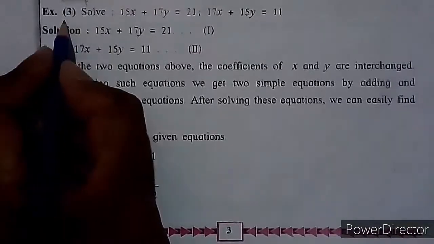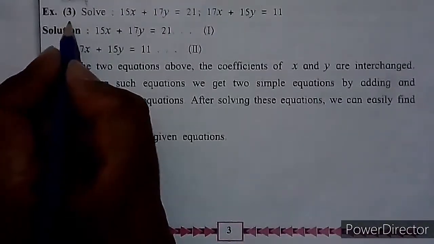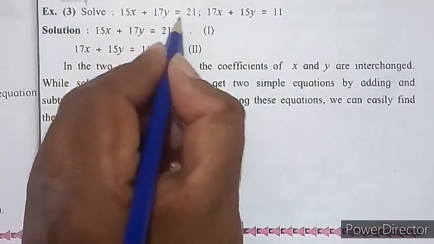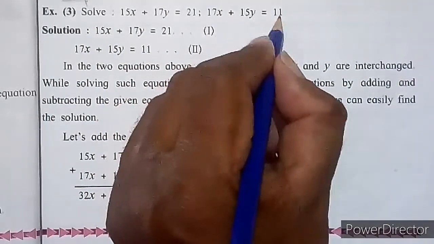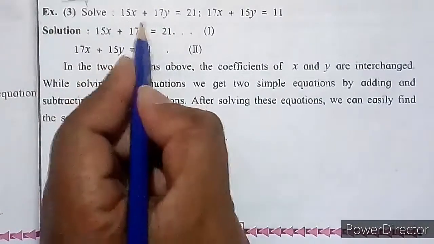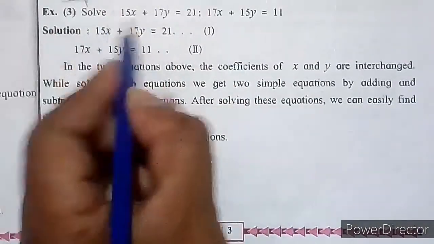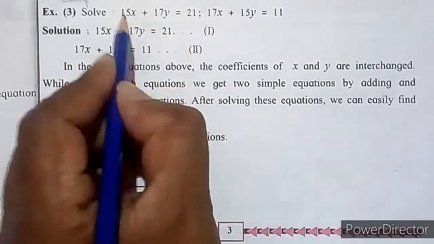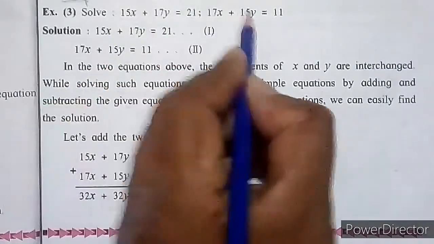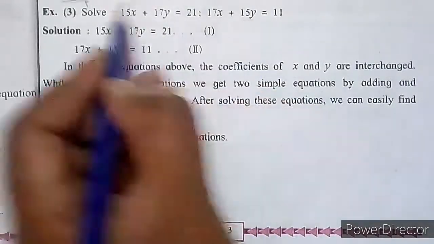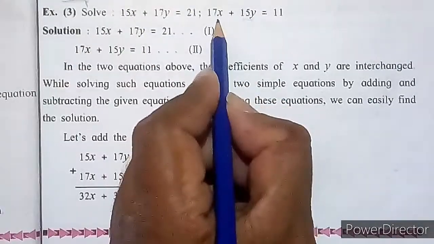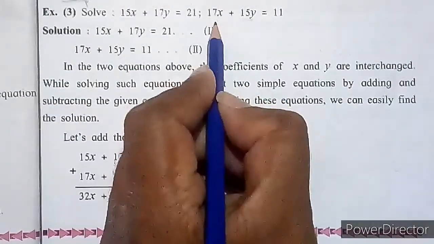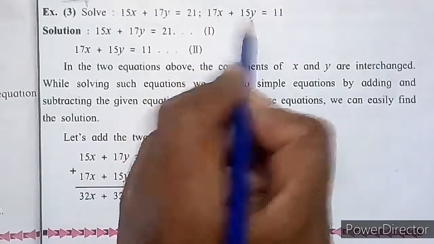Now moving to solved example number 3. Solve 15x plus 17y equals 21, 17x plus 15y equals 11. We observe that these two linear equations are formed by exchange of the variables.